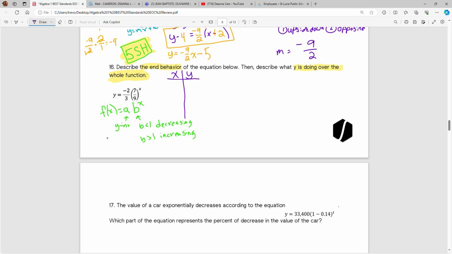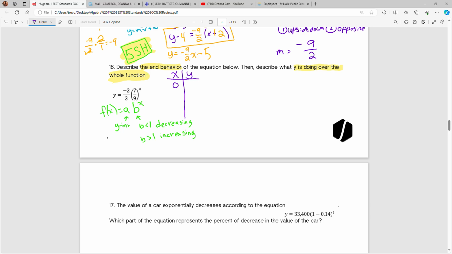So when x is 0, 7/9 to the power of 0, anything to the power of 0 becomes what? If you don't have that memorized, plug that in on your calculator and make sure that you remember to look that up. Anything to the power of 0 is 1.